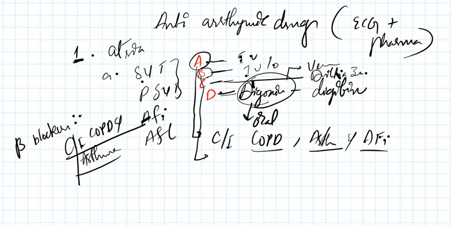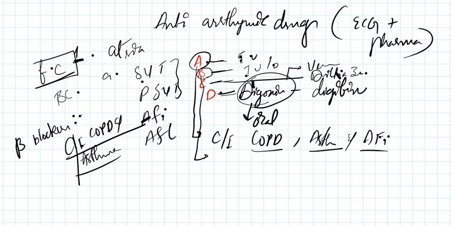What do beta blockers do? They cause bronchoconstriction. So that's why we use SABA, LABA, short acting beta agonists and long acting beta agonists.